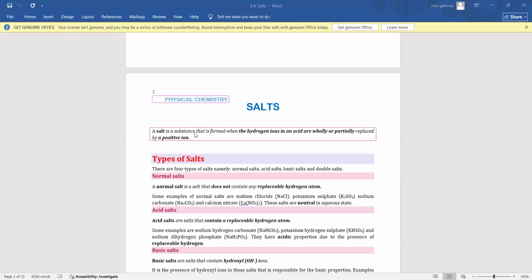Yes, Shuri. Acid salts are salts that contain a replaceable hydrogen atom. Some examples are sodium hydrogen sulfate, potassium hydrogen sulfate, and sodium dihydrogen phosphate. Very good.